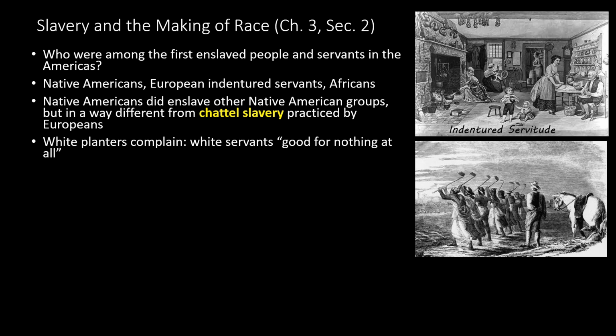So you had perhaps some who came working as indentured servants, and for whatever reason, these white planters who had these huge homesteads and land grants that were essentially stolen from Native American lands needed people to work their lands, and so they relied on not just Native American slaves, but also white indentured servants.